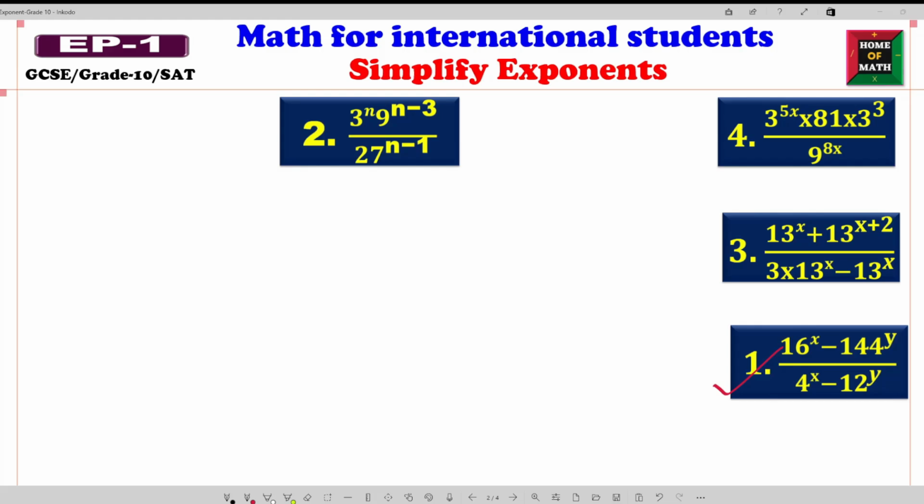Number 2. 3 to the power n times 9 to the power n minus 3, divided by 27 to the power n minus 1. So this one we can write like this.